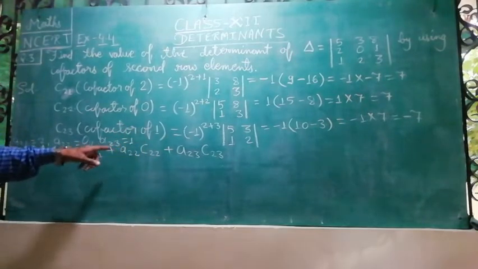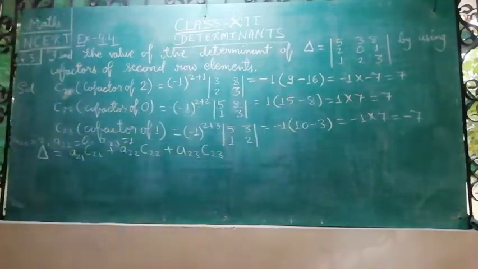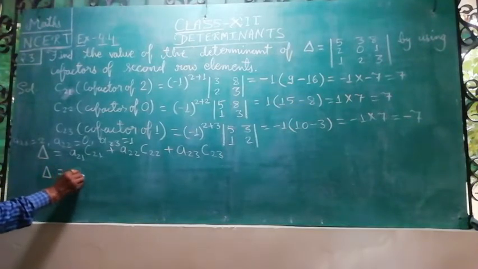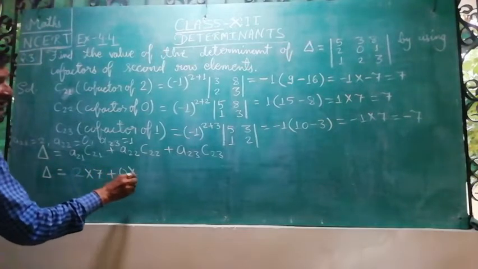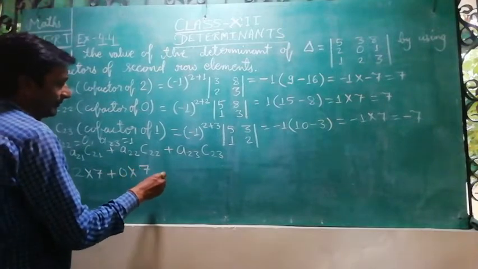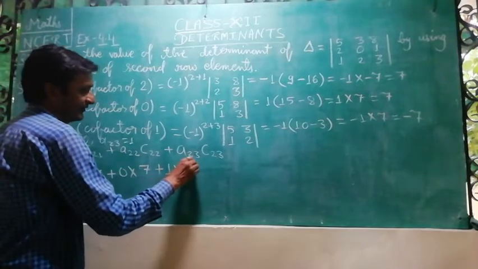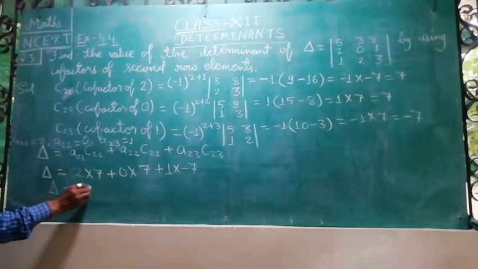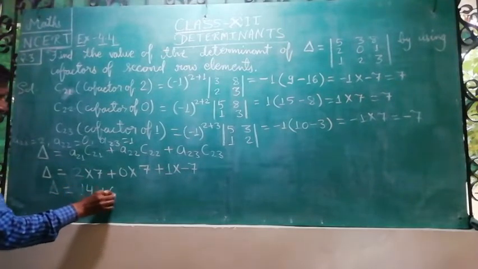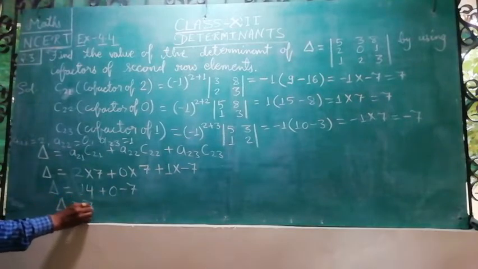A21, A22 and A23 values we know, and C21, C22, C23 we have determined here. So determinant is equal to 2 into 7 plus 0 into 7 plus 1 into minus 7. It will be 14 plus 0 minus 7. So determinant will be equal to 7.